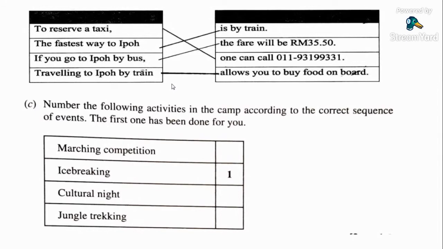Imagine all the students doing waves. The teacher will get angry. So don't make the marker angry. Don't do waves, just do it like this. In the numbering, correct sequence, you see number 1 has been done for you. So you write number 2, number 3, number 4 according to the sequence.